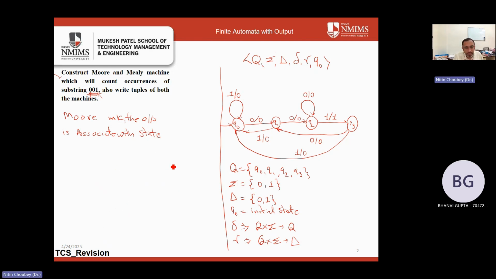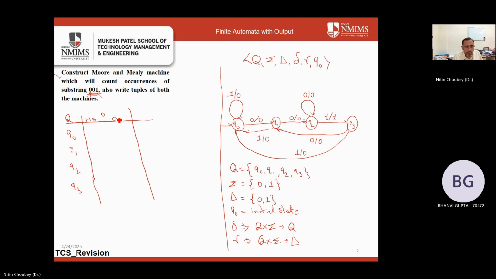The tabular representation I will have here. This is your Q, wherein we have Q0, Q1, Q2, Q3 as the states. Then on the input of 0, we have next state and output. Similarly, on the input of 1 also, we have next state and output.